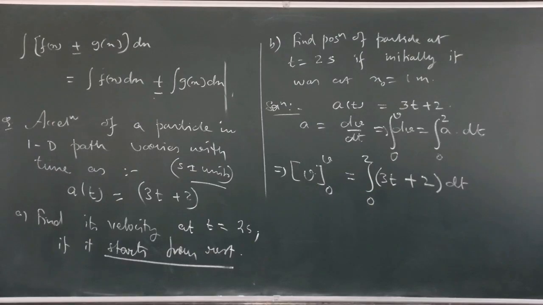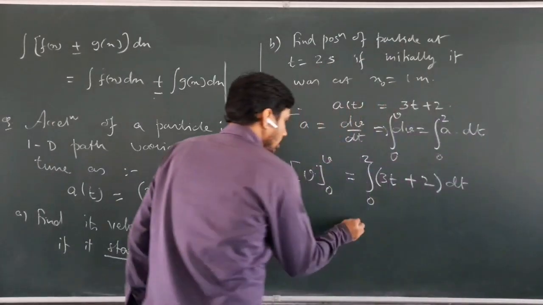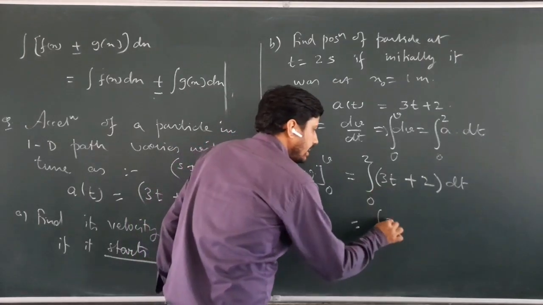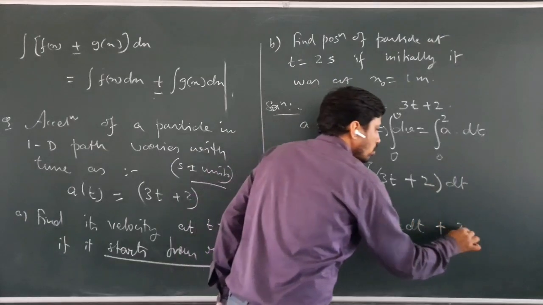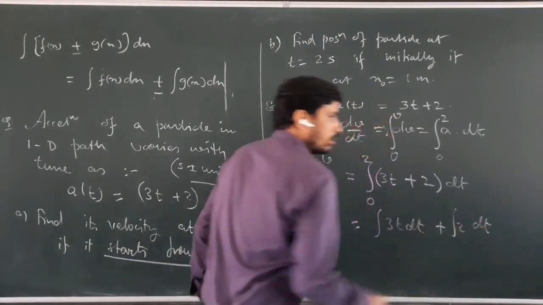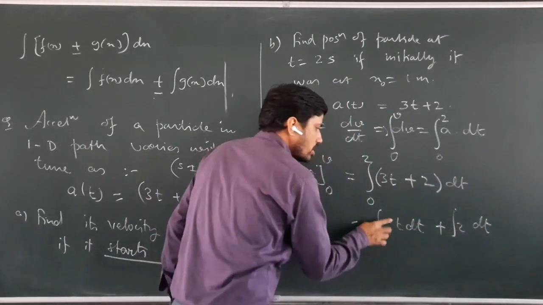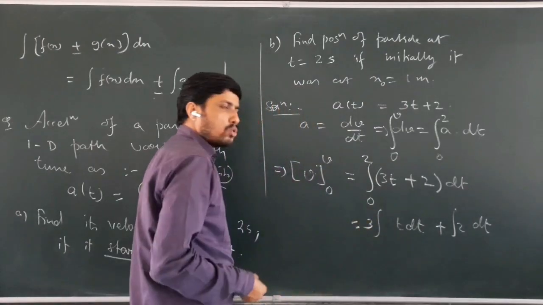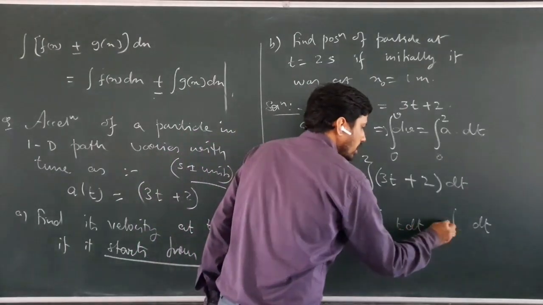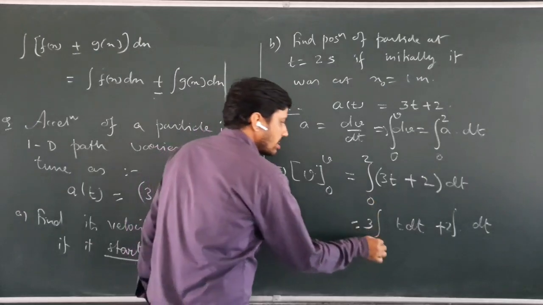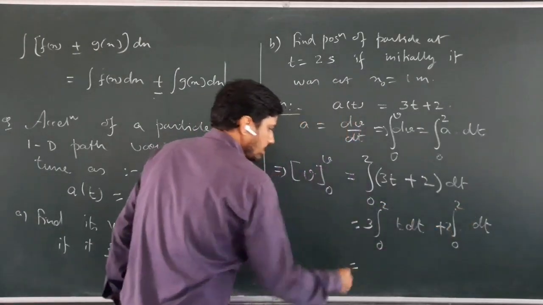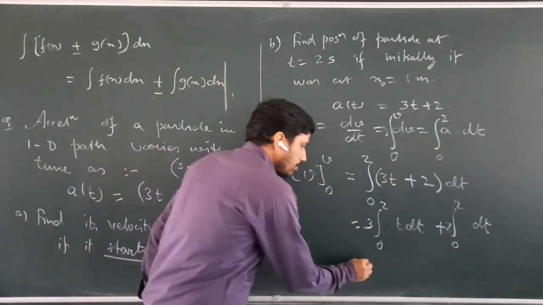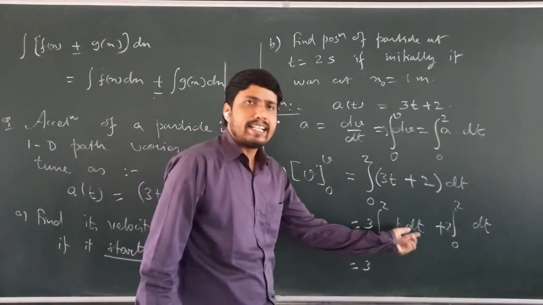To integrate this, what we will do, we will segregate these two terms. So I will write it as 3t dt plus 2 dt. Now 3 and 2 are constants, so I can take them out of the integration. And the limits are from 0 to 2, is equal to 3 times, what is integration of t dt?